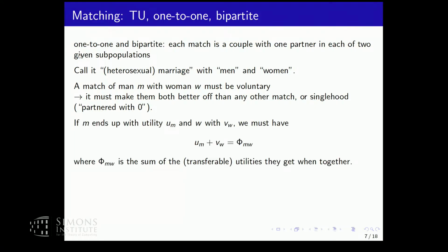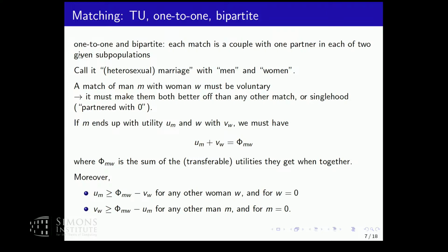We have the standard stability constraints that say that the sum of the equilibrium utilities have to be at least equal to what they would get by matching together. So phi MW is generated within a match by both the observed characteristics and the unobserved characteristics interacting. And there's equality, they do match because utility is perfectly transferable, so they're going to split to divide the surplus.